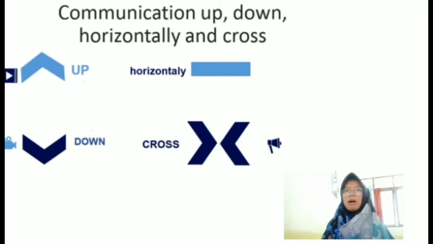Let's discuss communication up, down, horizontally, and cross. The first one is upward communication. Upward communication in an organization can be interpreted as information flowing from a lower level to a higher level.